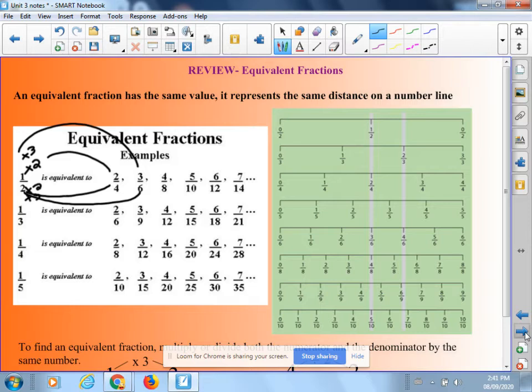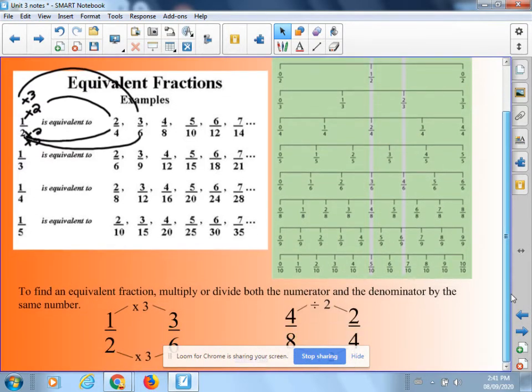So this slide has a kind of a chart which could help you guys. You could use it as a reference point as you are working that shows which numbers are equivalent on a number line. At the bottom here, I do have an example. So to find an equivalent fraction, you are multiplying or dividing both the numerator and the denominator by the same number.